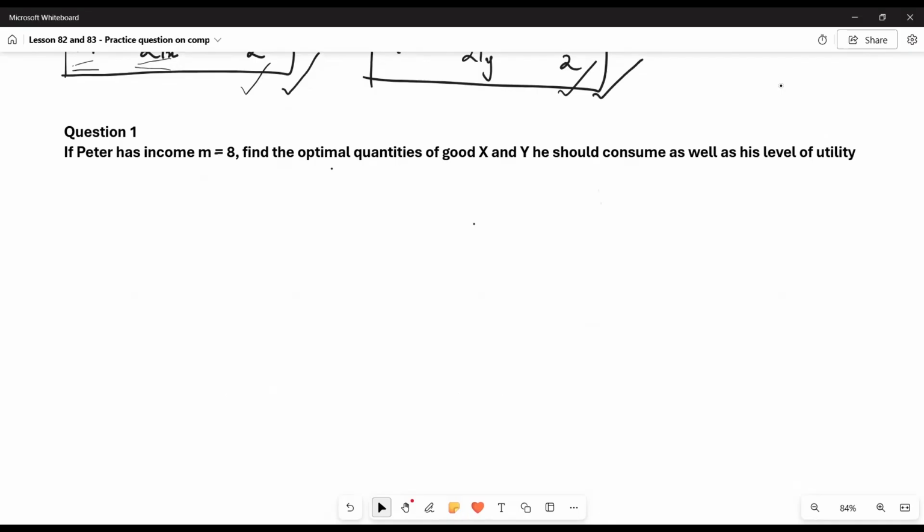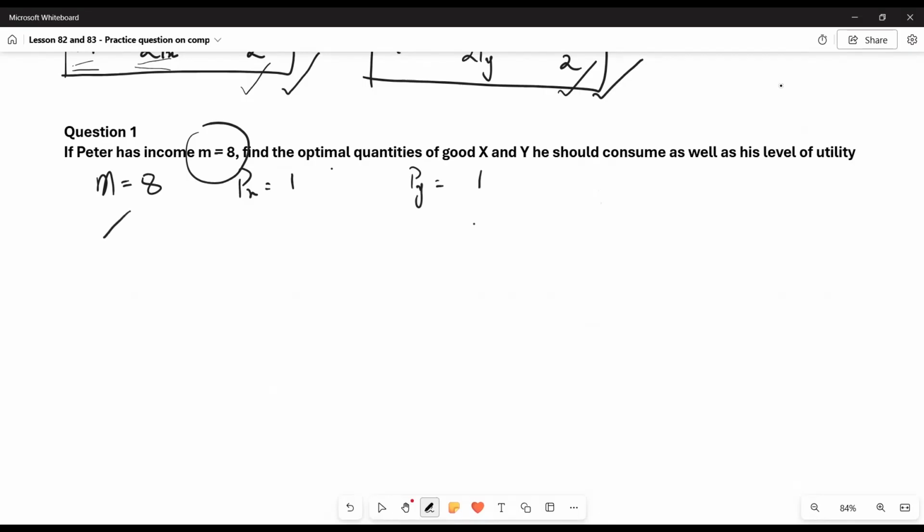The first question is, if Peter has an income of 8, find the optimal quantities of good X and Y he should consume as well as his level of utility. We know that our income is equal to 8. We know the price of good X to be equal to 1 and the price of good Y to be equal to 1.